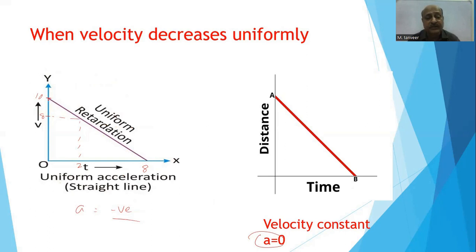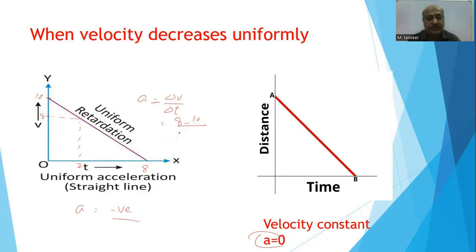Suppose velocity changes from 10 to 8. First velocity was 10. Now it became 8. Acceleration is change in velocity divided by change in time. This is called acceleration. So this is initial velocity, this is final velocity. 8 minus 10 divided by the change in time. Initial time was 8 and final time is 2.